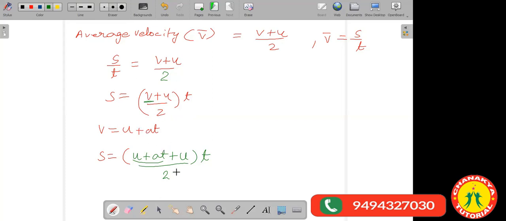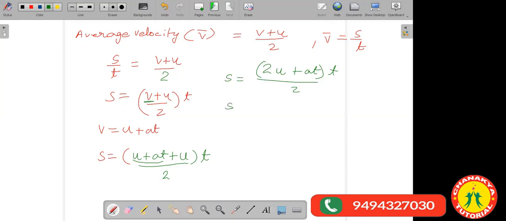The value of v is u plus at. So we put here u plus at in place of v, and we get this expression. Now we can simplify it further. So u plus u would be equal to 2u. So we'll get here 2u plus at, multiplied by t over 2, and here we have displacement equal.